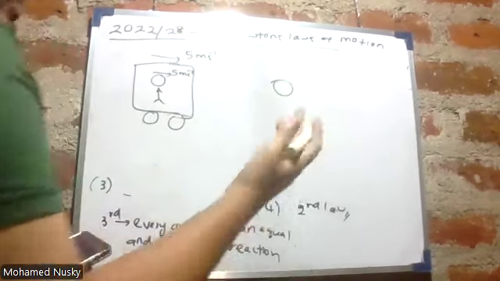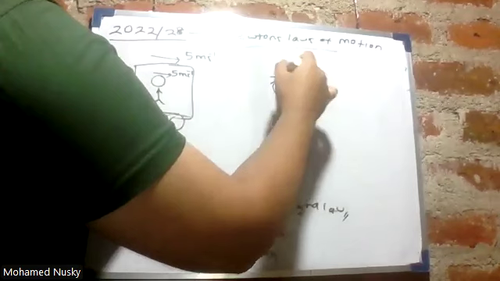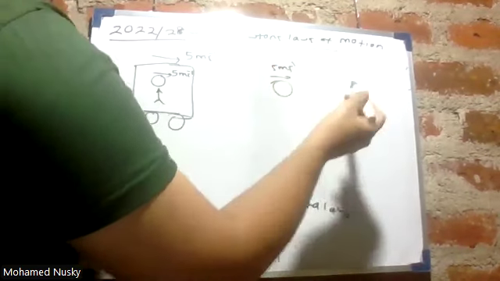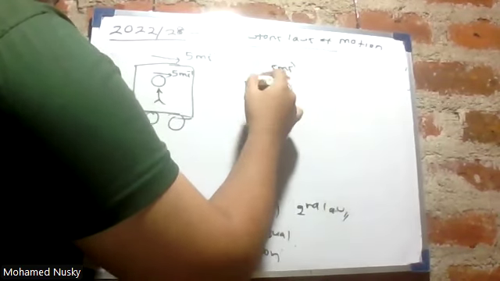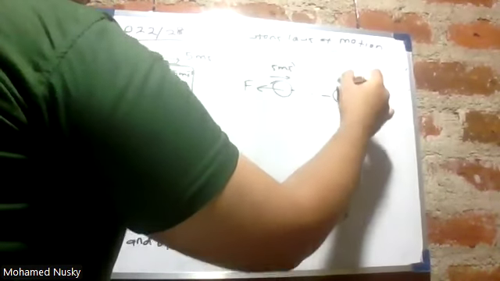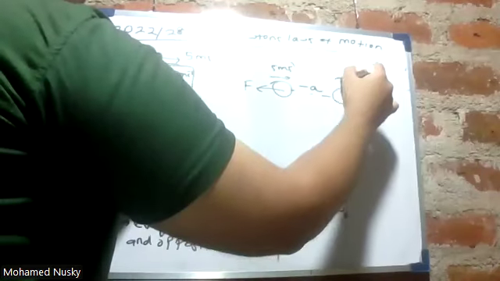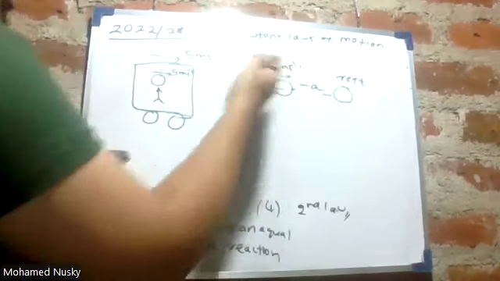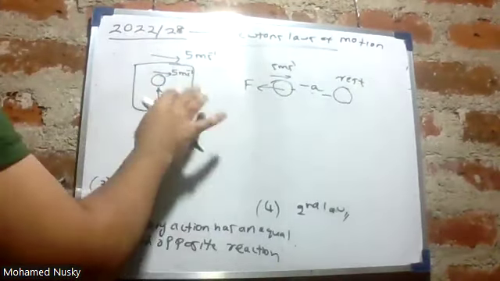Now let's take it simply. Here an object is moving at 5 meters per second. Suddenly a force acts in this direction. What will happen? It will decelerate and come to rest. That is the same thing happening here.